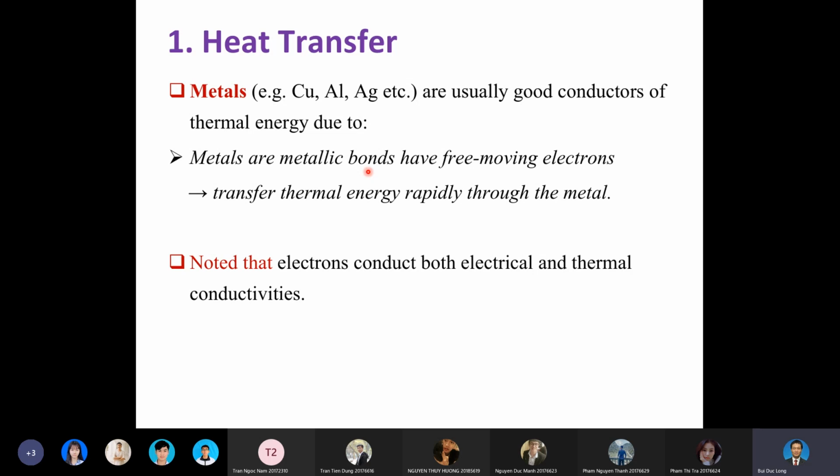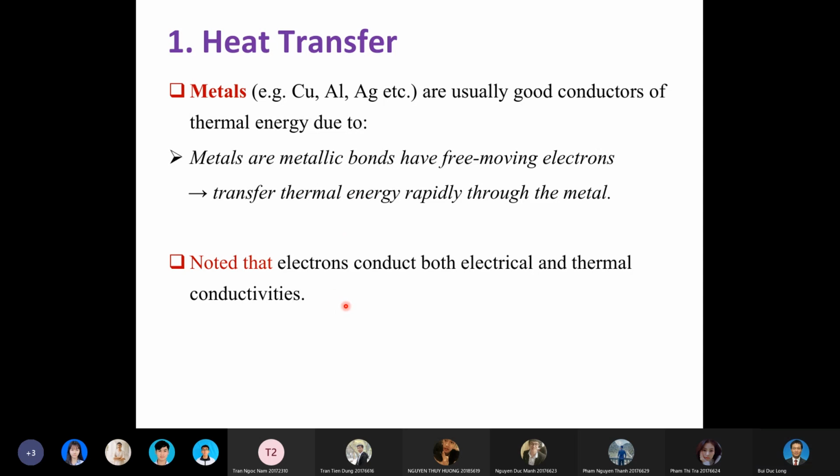Heat transfer is not only by vibration of atoms, but also carried by free electrons. That's why metal has very high thermal conductivity compared to ceramic or polymer.